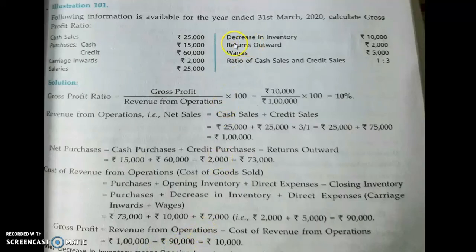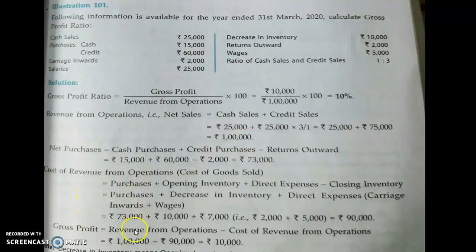So here what you are supposed to do is write down that amount of 10,000 decrease in inventory as it is. Don't go for opening inventory minus closing inventory. That is already done, and that amount is given as decrease in inventory, 10,000. I hope it is clear.